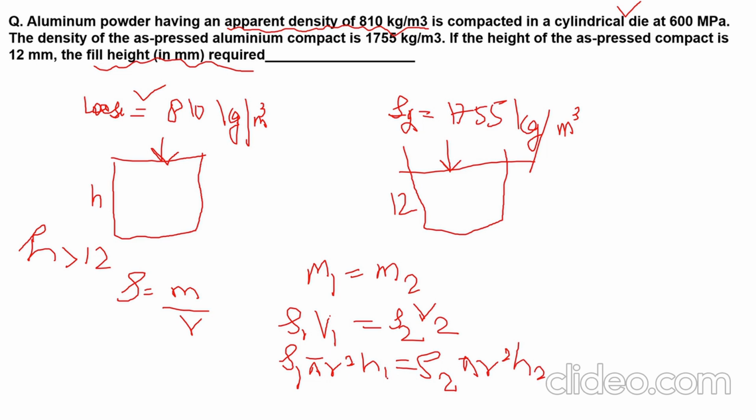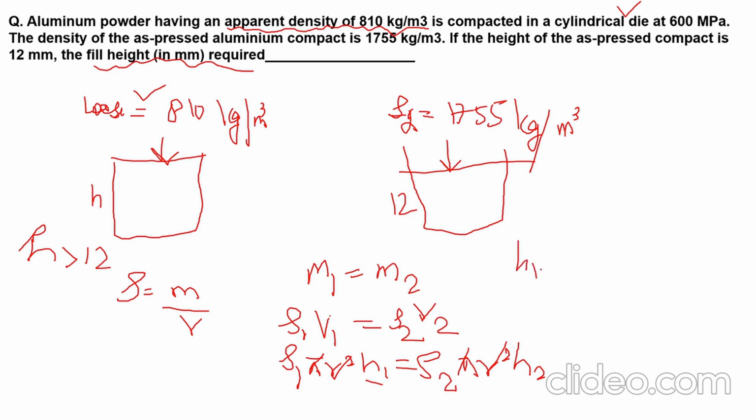But because we have the same cylindrical compact, the radius of the two compacts will be the same, only the height will change, and because of the change in height you will have a difference in your volume. Taking this forward, we know density 1 and density 2, and because pi r square is constant for both systems, we can cancel them out.